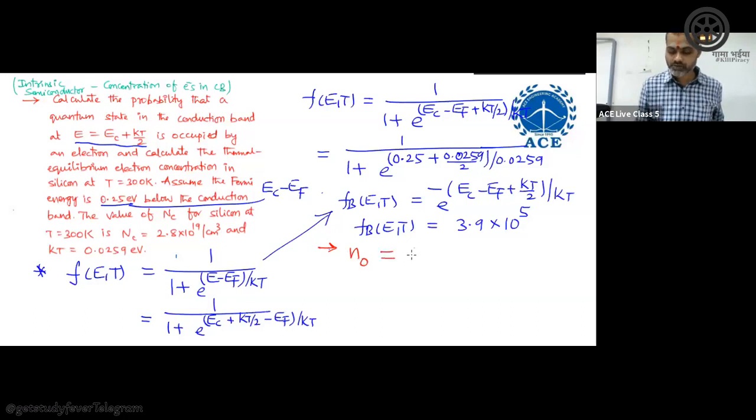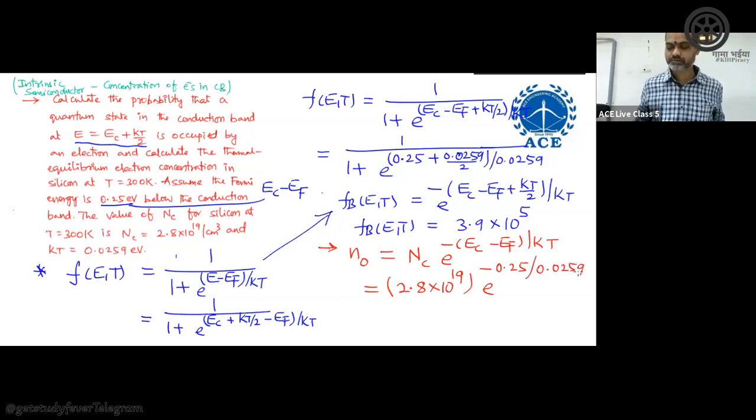So N0, we know, is Nc e power minus Ec minus Ef divided by Kt. We know Nc is given in the problem, 2.8 into 10 power 19, into e power minus, what is Ec minus Ef? 0.25 divided by Kt, which is 0.0259.